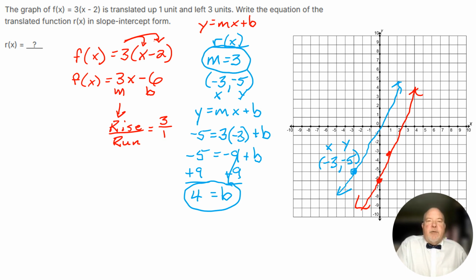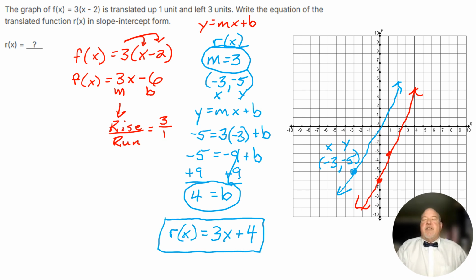Instead of y equals, I'm going to use what they gave me, which is r of x in function notation. And so that's equal to mx, so that would be 3x, because my slope is 3. And then plus b, so that's plus 4. And so there is the equation of the translated function.